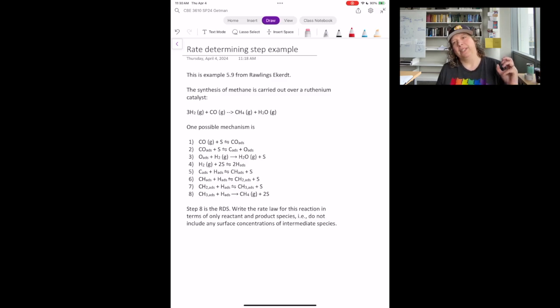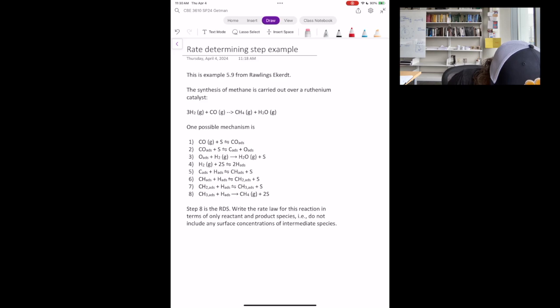In the rate determining step method, I say these are all my fast reactions, and the net rates of those reactions are equal to 0. So it's 2 separate methods. Typically, the rate determining step method is used quite a bit in catalysis. However, I hope to show you later in the semester, if we have time, that in reality both methods are used. But today we're going to look at RDS.